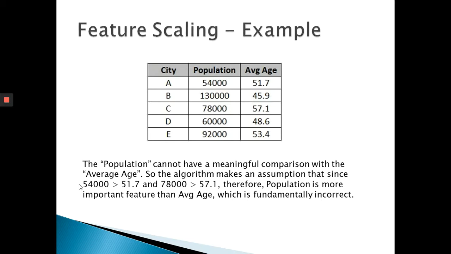So our machine learning model thinks the population variable is much more important because the value is much higher. Population cannot have a meaningful comparison with the average age. So the algorithm assumes that since 54,000 is greater than 51.7, or 78,000 is greater than 57.1, population is a more important feature than average age, which is fundamentally incorrect because all the features are equally important.